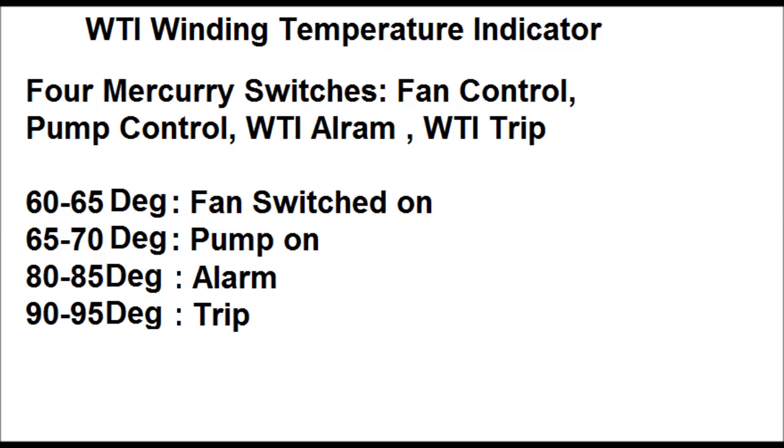That is, cooling is done firstly by means of fans, and then by means of forced air in the radiator. And when the temperature of the winding rises further, that is 80 to 85 degrees, then an alarm signal will be initiated, and if the temperature rises further, that is 90 to 95 degrees centigrade, then a trip signal will be generated and the circuit breaker will be tripped.